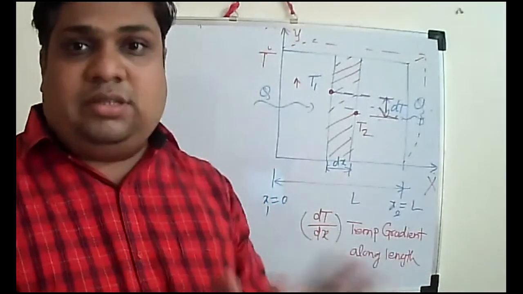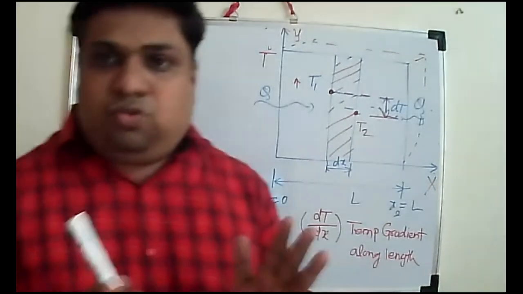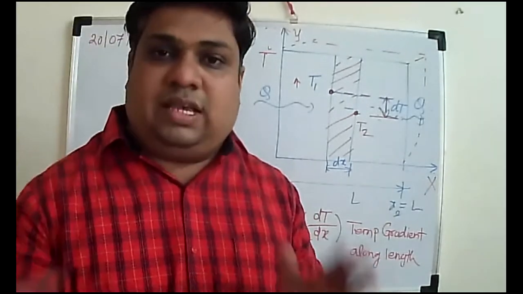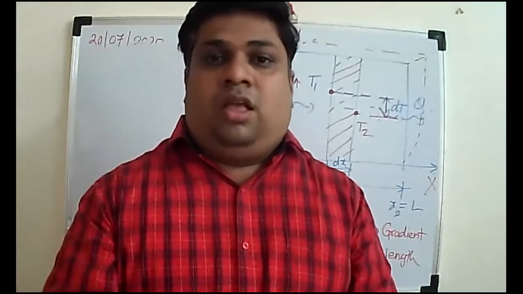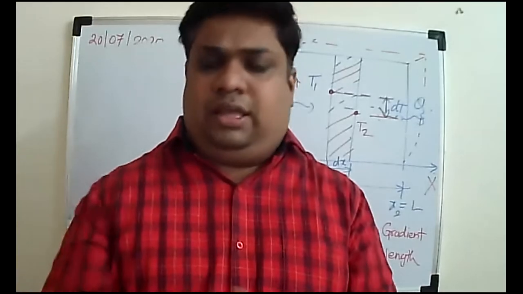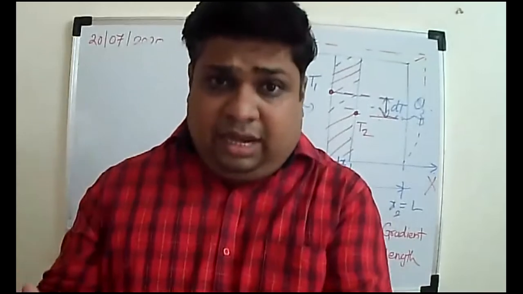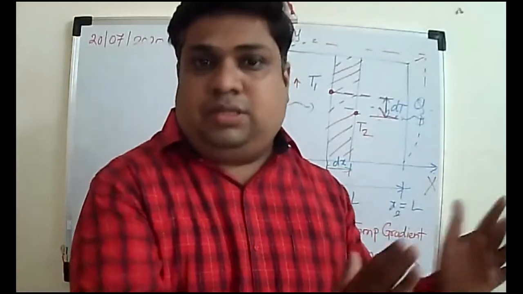So what is the procedure? The general practice: what is the Fourier law? The Fourier law says that the rate of heat flow per unit area is directly proportional to the temperature gradient of the system.